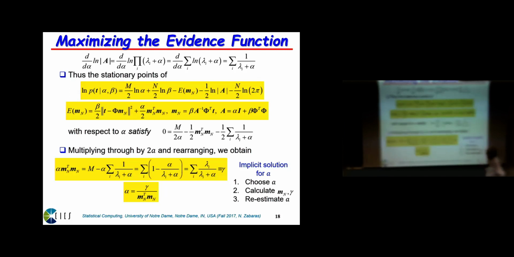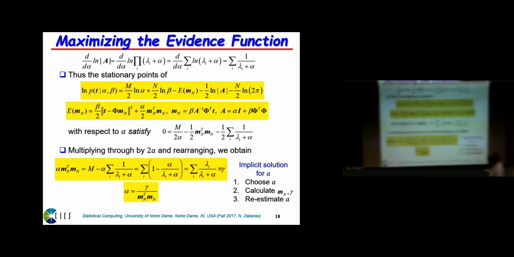You get the optimal alpha, defined as alpha times mn transpose mn, and remember mn is the posterior mean, is equal to the summation over i of this ratio of lambda i divided by lambda i plus alpha, and I'm going to call this term gamma, because there's going to be a physical meaning that we're going to assign to gamma, and you will see shortly what that is.